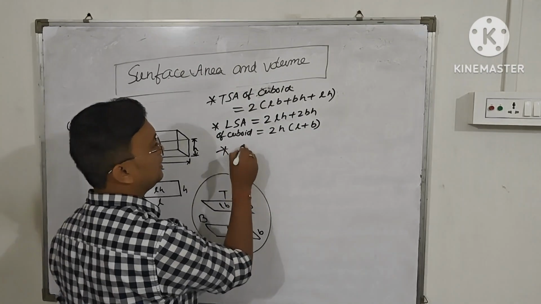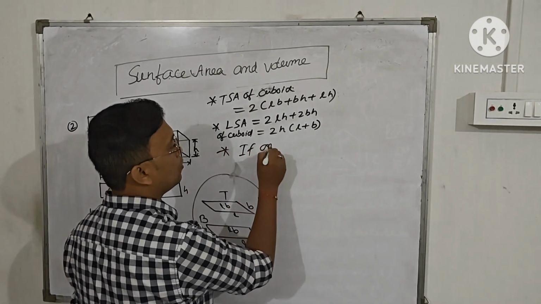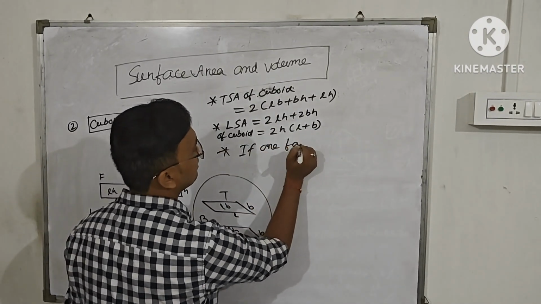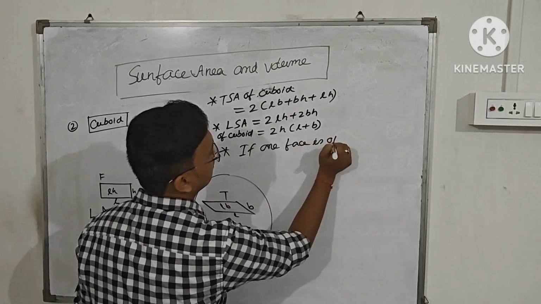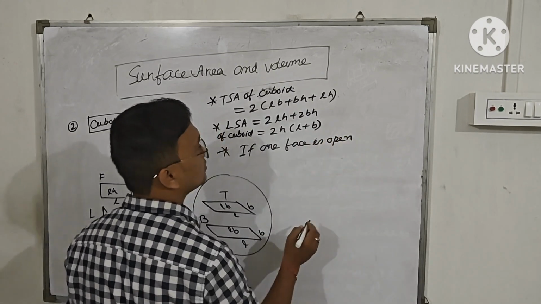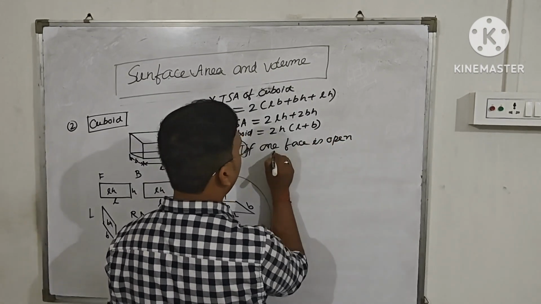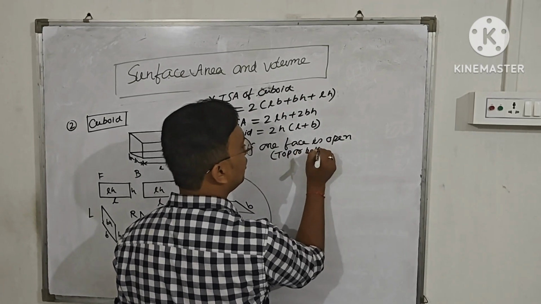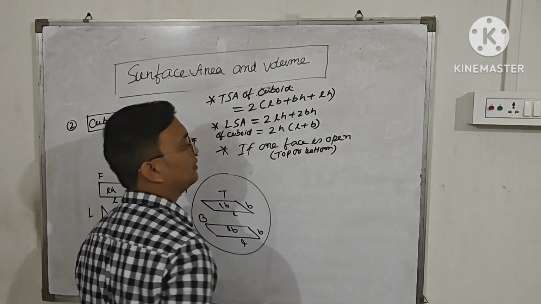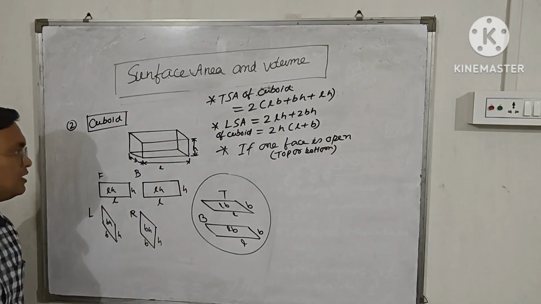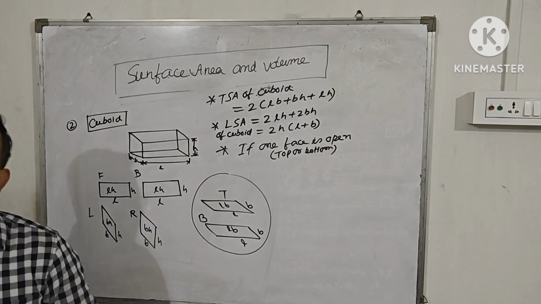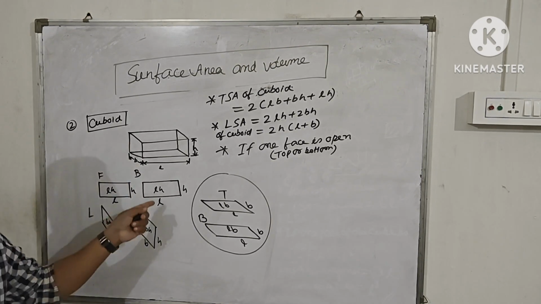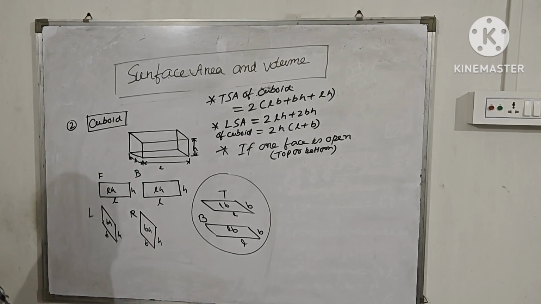The third one is if one face is open. Suppose the top face is open, top or bottom face. Just imagine you have a cuboidal box where any one face, top or bottom, is open.